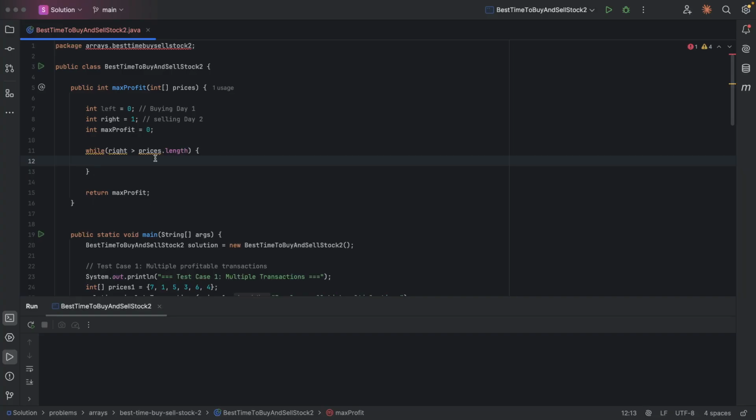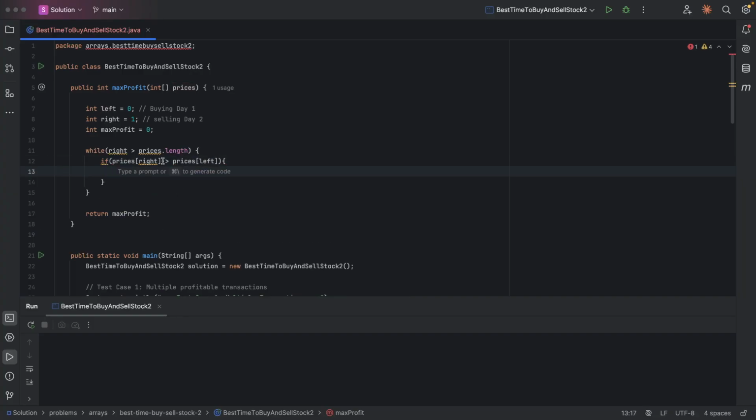We also need to make sure that we always make profit. So when the difference between prices on the day of selling, which is the right pointer, is greater than the left pointer.